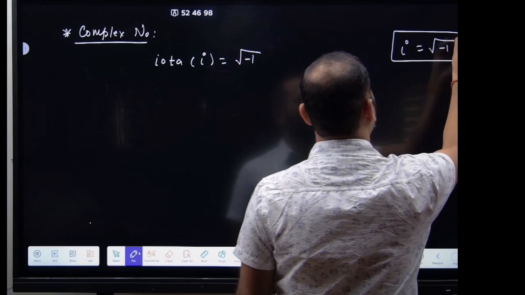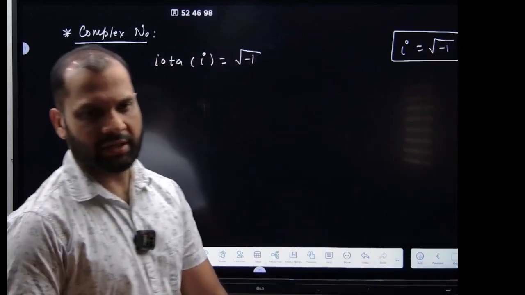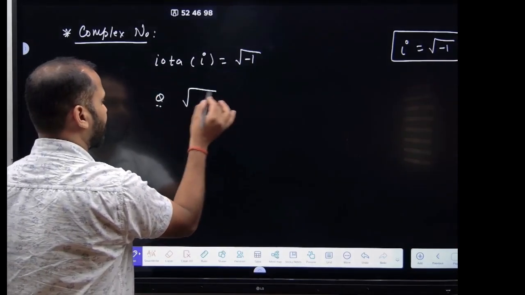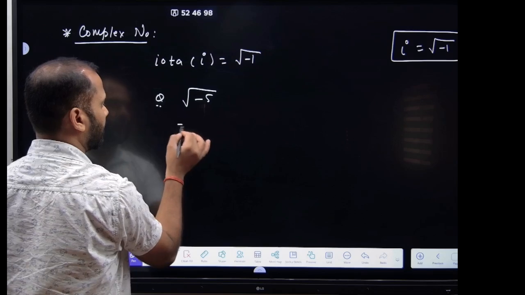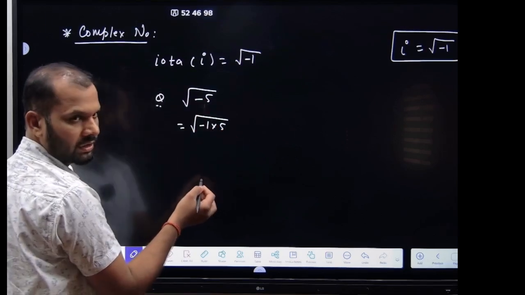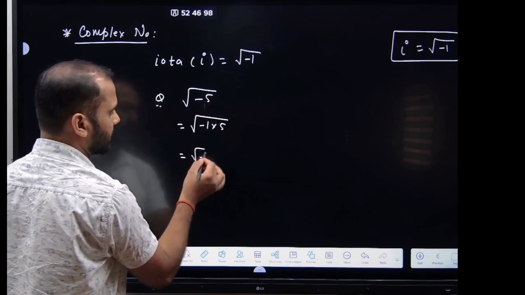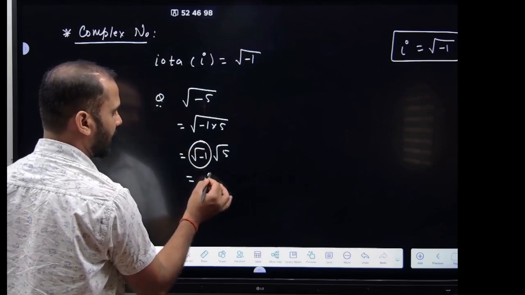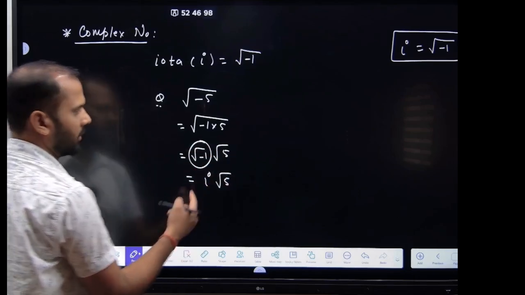This iota is called an imaginary value, right? For example, if you have root under minus 5, what can you say? Root under minus 1 into 5, yes or no? This can be written as root under minus 1 times root under 5. What is root under minus 1? i. So i root 5 will be the value.